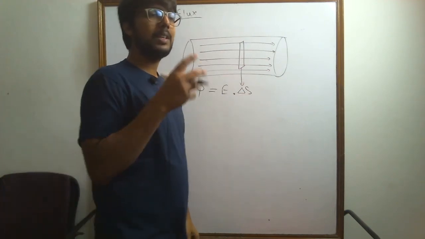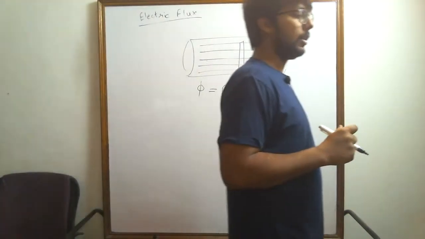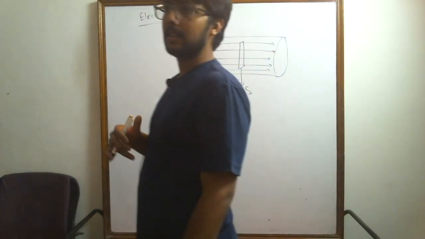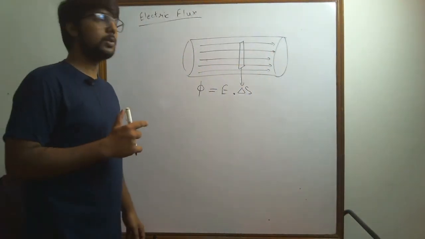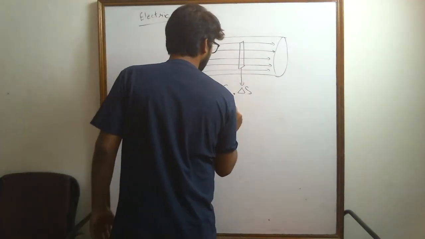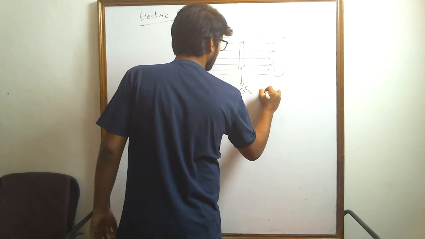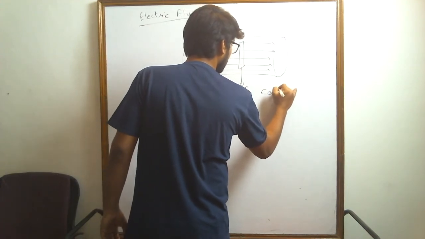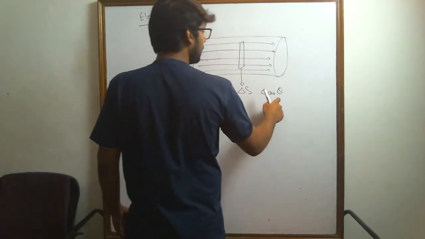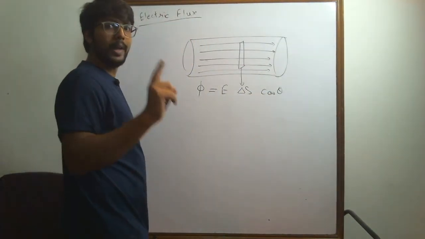Why? Because the area has reduced in the direction of the flow, and that's why in that case I will have to multiply it with cos theta.